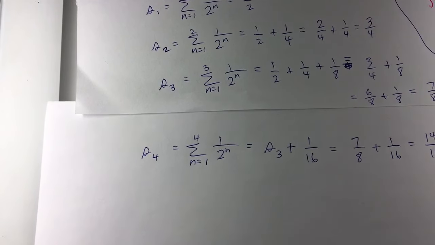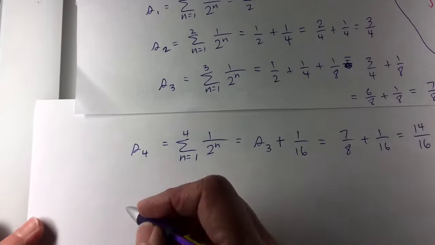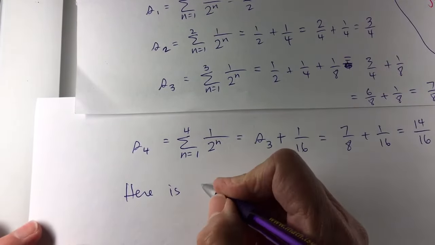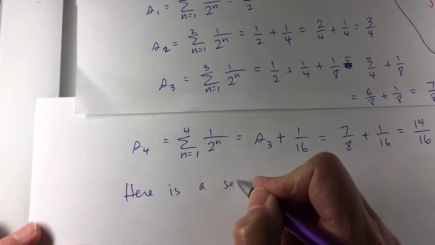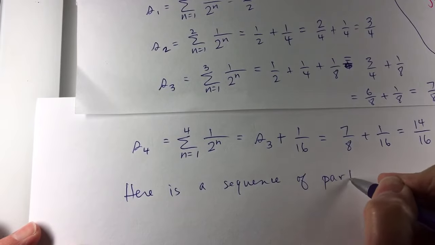Zoom out a little bit. Okay. There we go. So as I'm looking at the partial sums, you could probably make a guess on what this series converges to. Here is a sequence of partial sums.